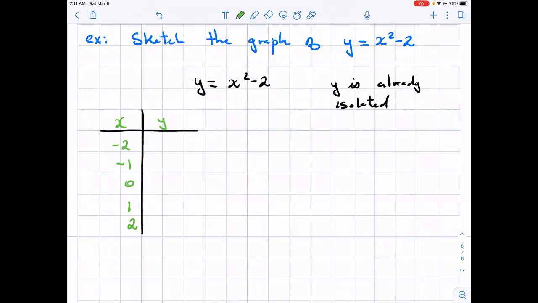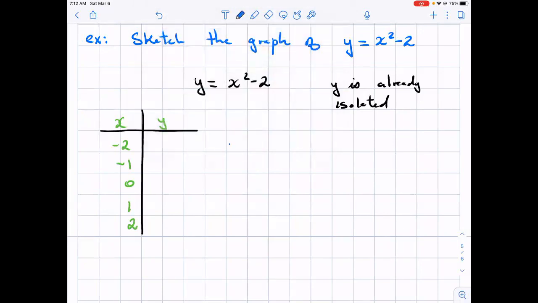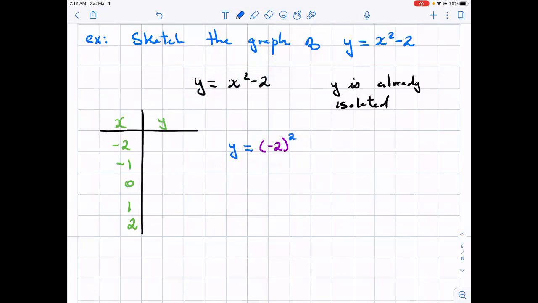And we'll do the same procedure as we did before. We have to find those missing y values. In order to do this, we have y is equal to, instead of x, first x is now minus 2, and we square that, and then we subtract 2 from the quantity.